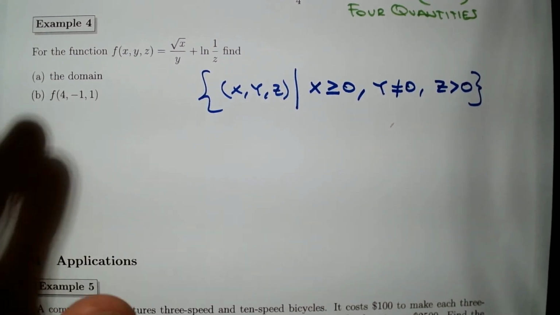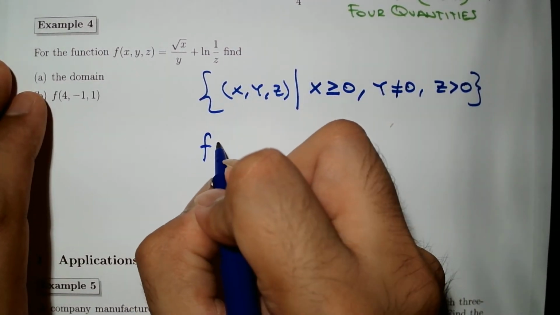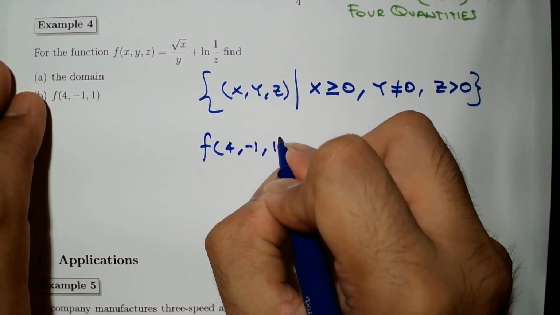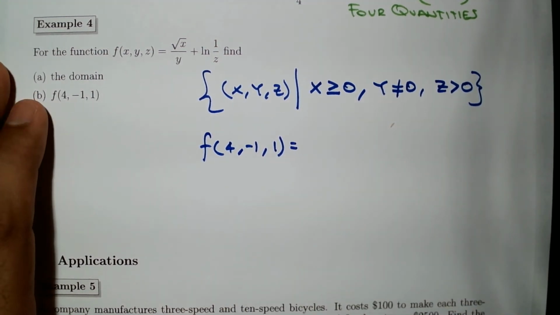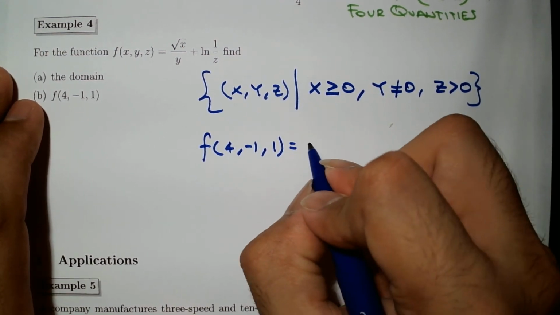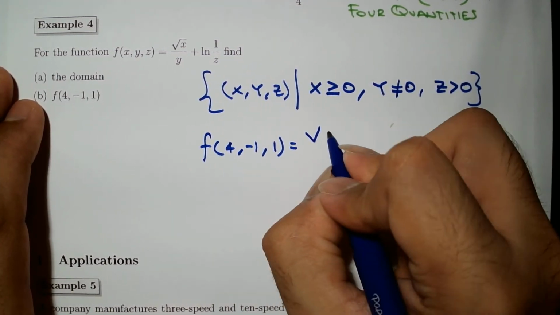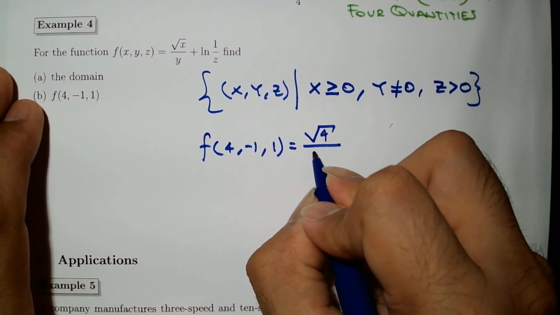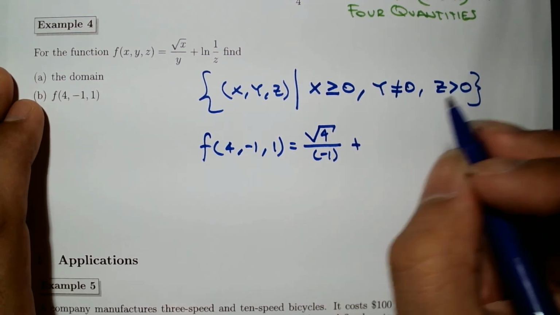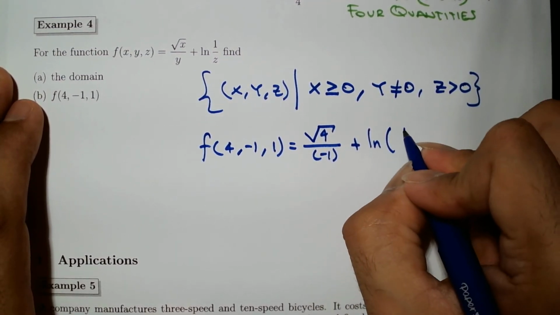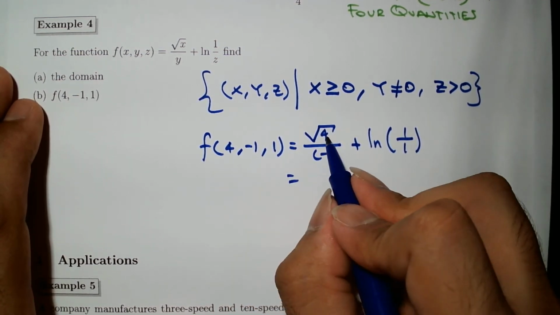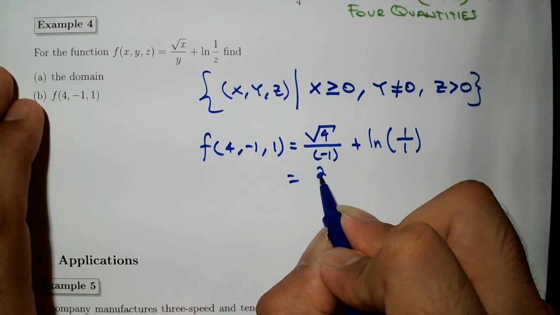Alright, so let's just evaluate f of 4, -1, 1. Okay, 4, -1, 1, and write them where they correspond. So this is going to be the square root of x, which is 4, divided by y, which is -1, plus ln of 1 over 1, which in this case will be square root of 4, which is 2, over -1.